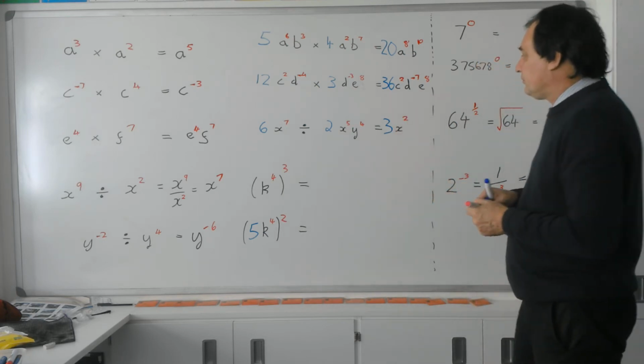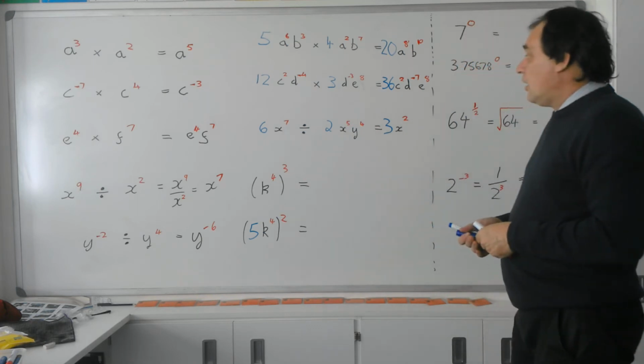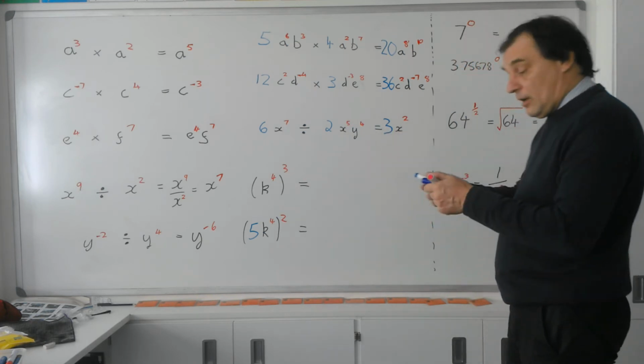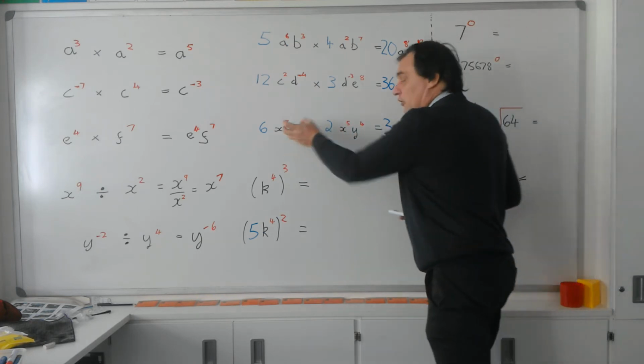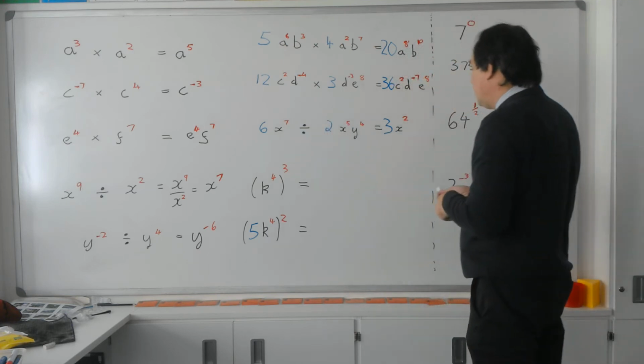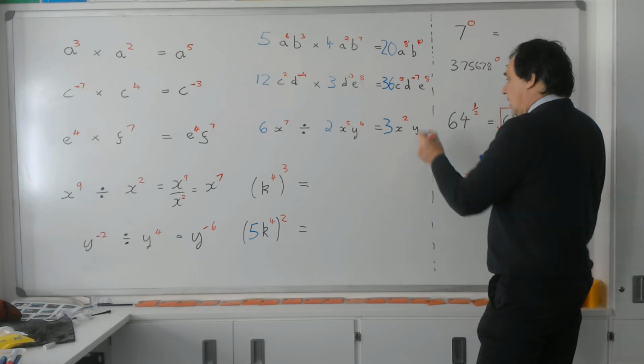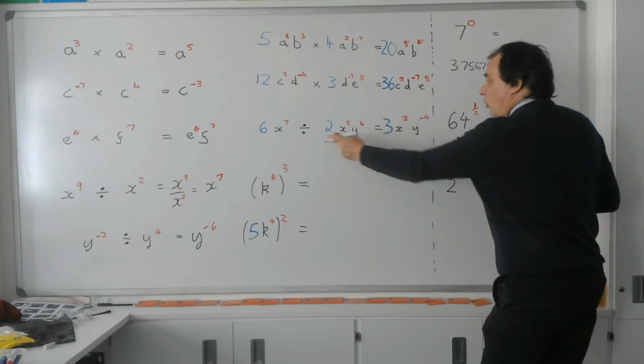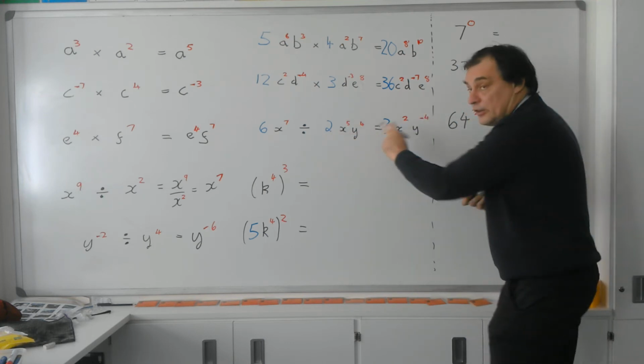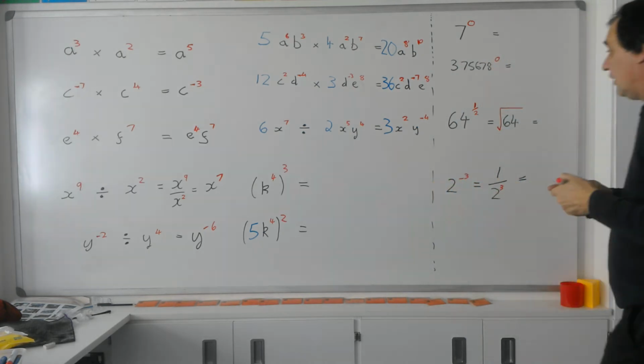And then we've got y to the 4, but we're dividing by y to the 4, so we haven't got anything there. So as if we've got a 0, so that actually becomes y to the minus 4. Because 0 take away 4, because this y is after the divide sign, it becomes negative.